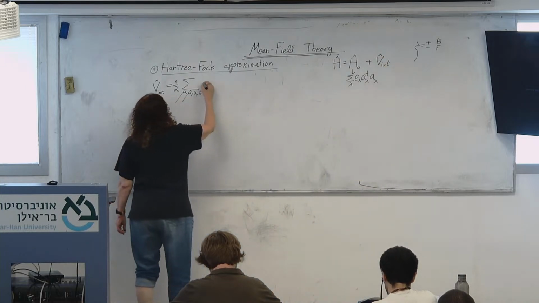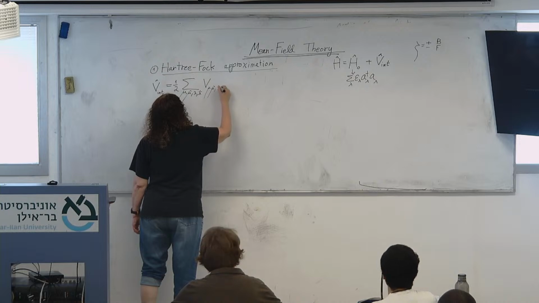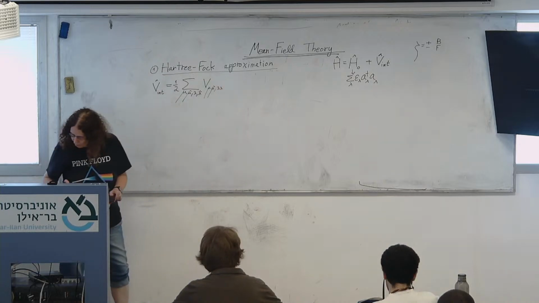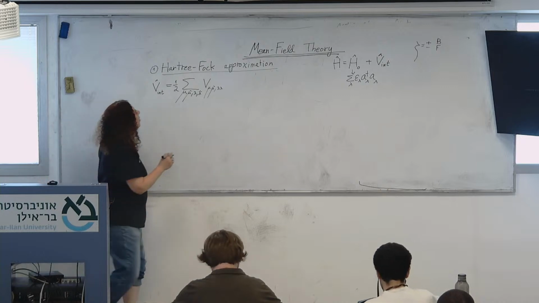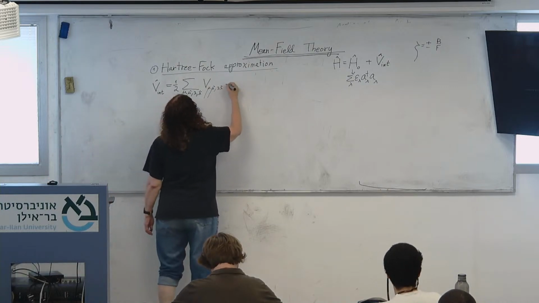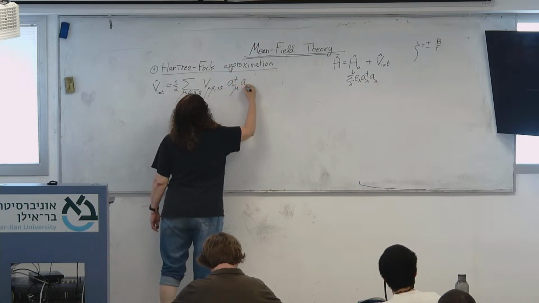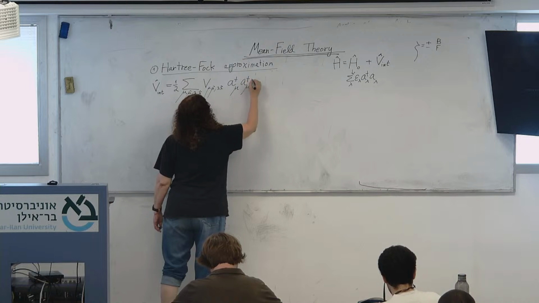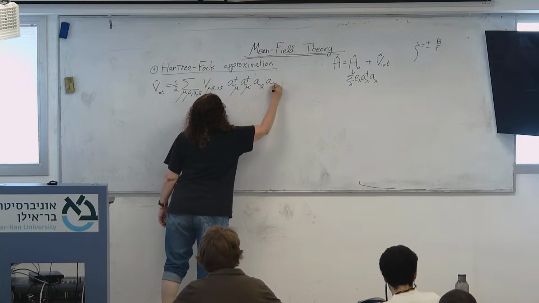So it has the following form. There's a matrix element. And then we have A mu prime dagger, A lambda prime, A lambda.